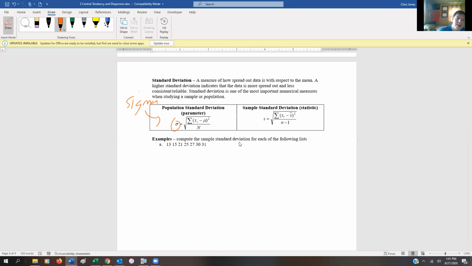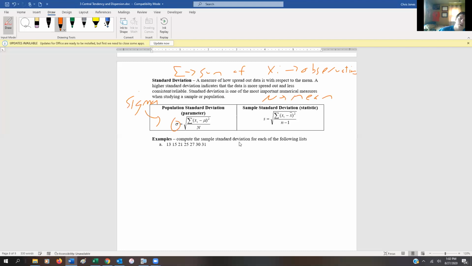Sigma is just used to represent the population standard deviation. To compute it, remember we have this sum of, where x sub i is the observations, and then mu is the population mean, right?